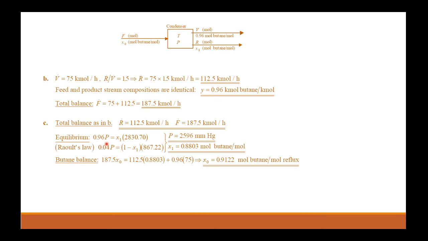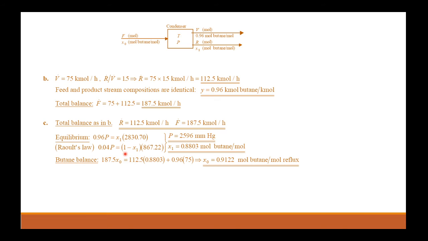So we have two unknowns here. It's okay, we can use Raoult's law for pentane also. You have 0.04 as the mole fraction of pentane in vapor phase multiplied by P, which equals the mole fraction of pentane in liquid phase.